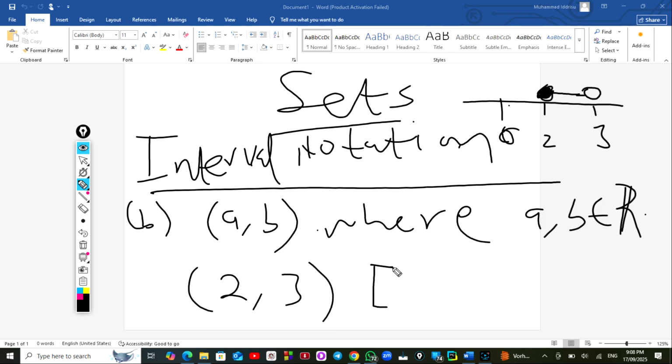Another way we can have it is one-sided, maybe left-sided open or right-sided closed. So this one is what? An open interval. So this part is an open interval.